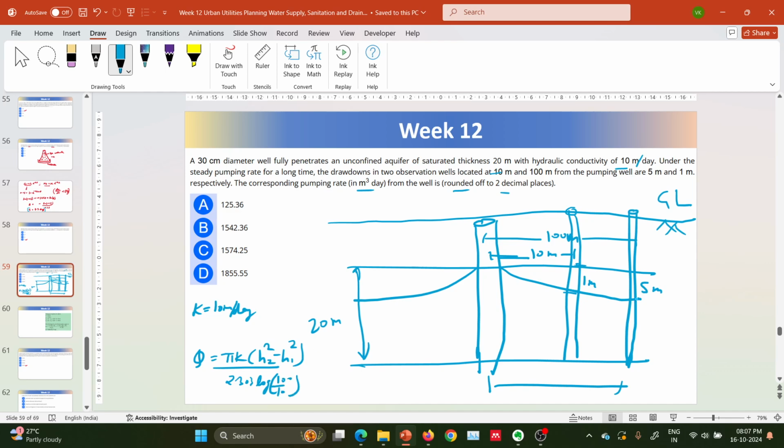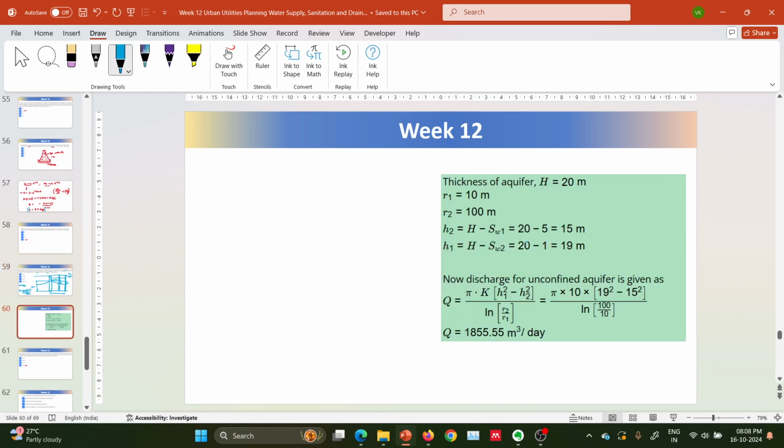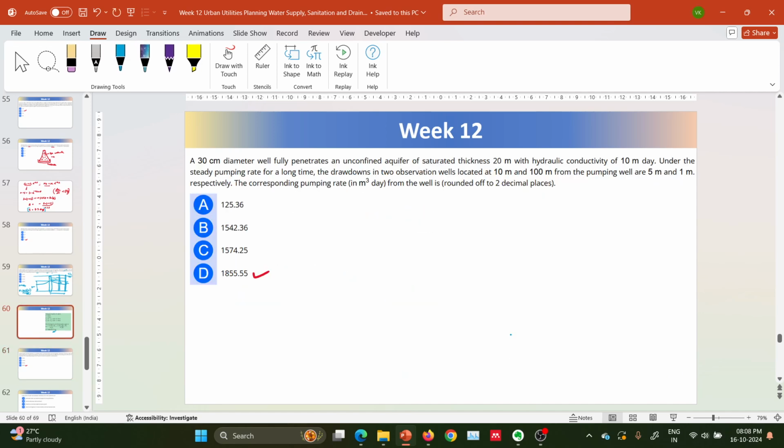Here h2 will be 20 minus 1 and h1 will be 20 minus 5. The well at 10 meter distance has drawdown of 5 meter, and at 100 meter it has a drawdown of 1 meter. So using the formula pi K times 19 square minus 15 square, ln of this by this, you will get Q as this much. The answer is 1850.